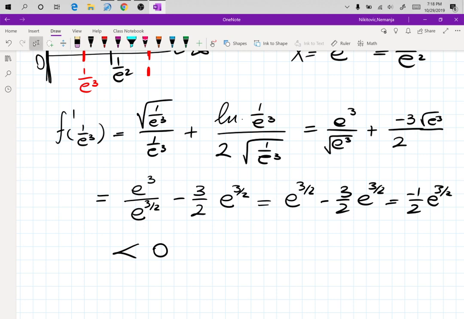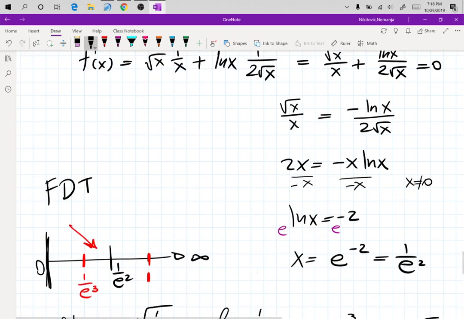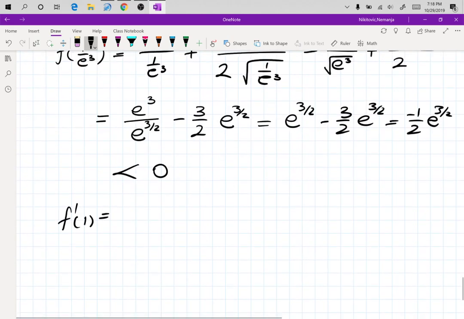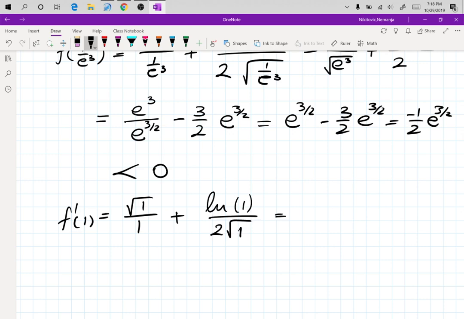The next one is f prime of the second test point. No, lies, of 1. Not 0, 1. And that's going to be, what do we have? Square root of x over x. So square root of 1 over 1 plus ln of 1 divided by 2 root 1.